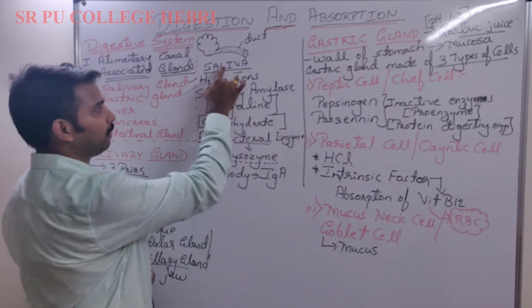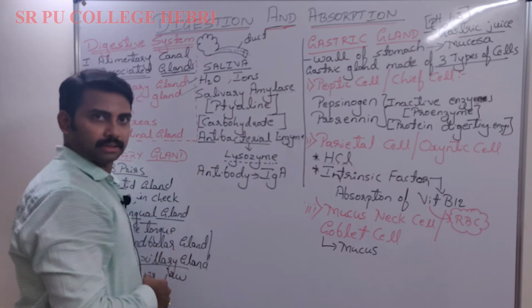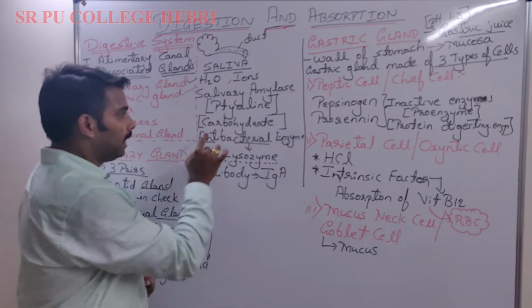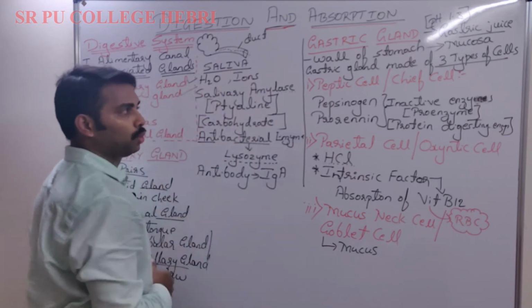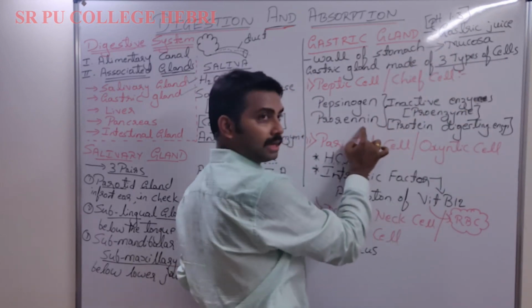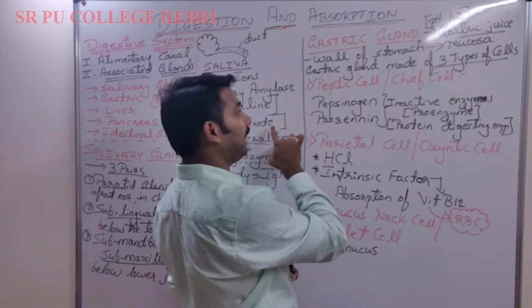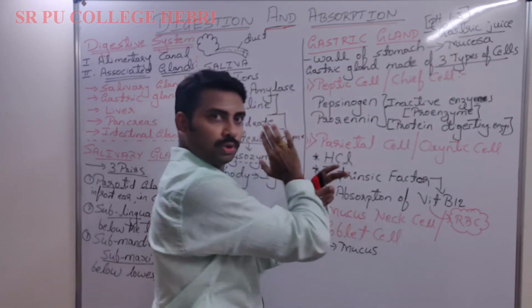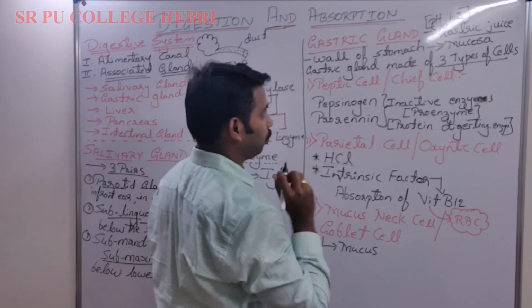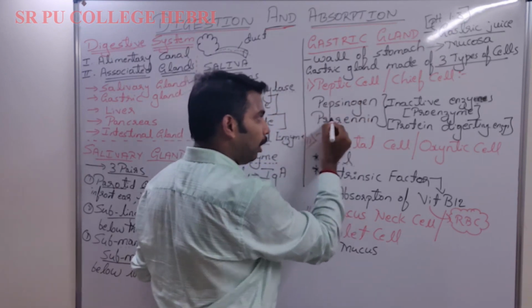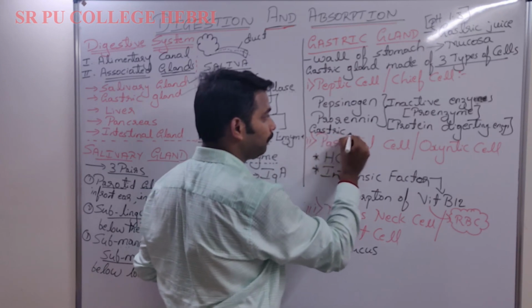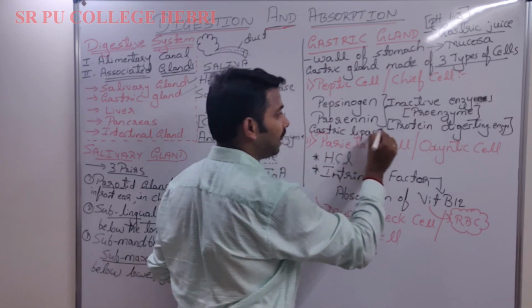Carbohydrate digesting enzyme of the saliva is salivary amylase. Is there any protein digesting enzyme in saliva? No. Lipid digesting enzyme in saliva? No. Is there any protein digesting enzyme in gastric juice? Yes. Is there any carbohydrate digesting enzyme in gastric juice? Answer is no. Clear? Along with that, one more point you have to write down. Peptic cell, along with these two, also produces one more enzyme called gastric lipase.